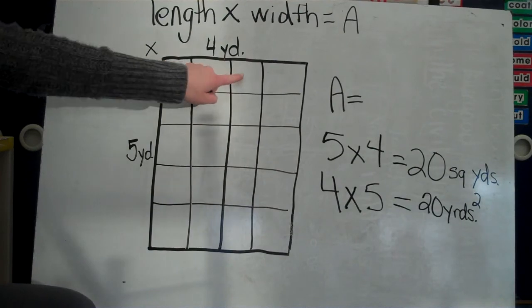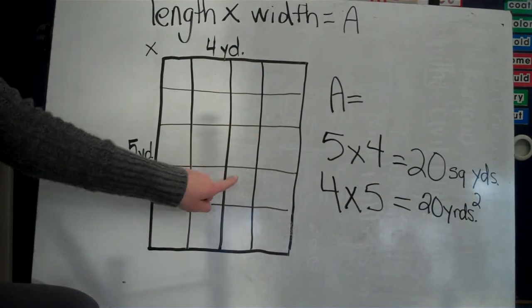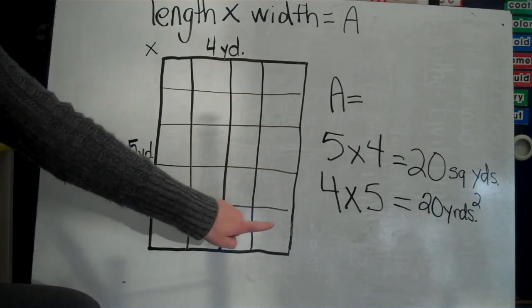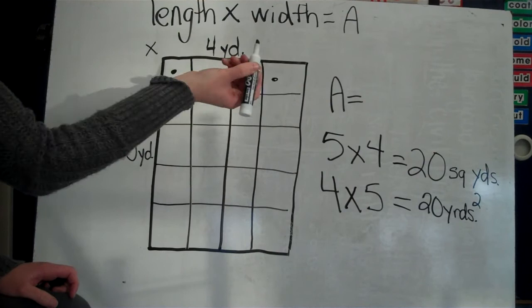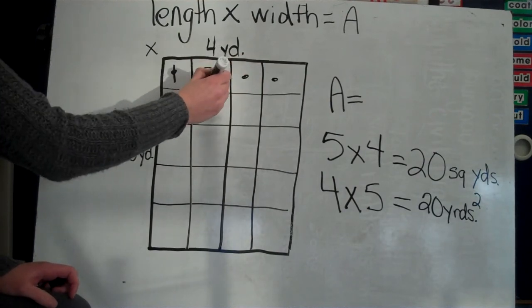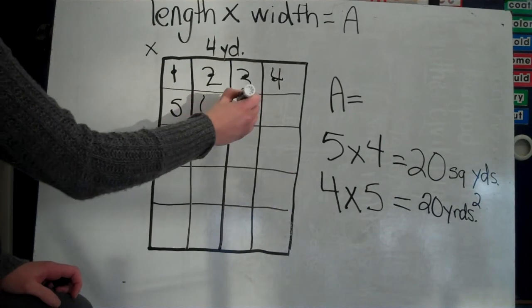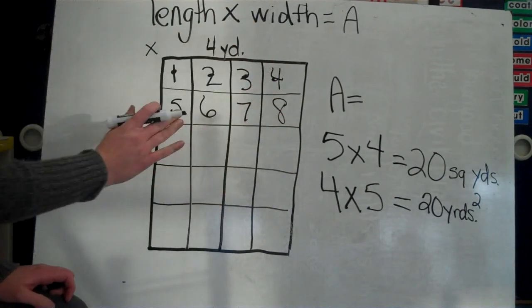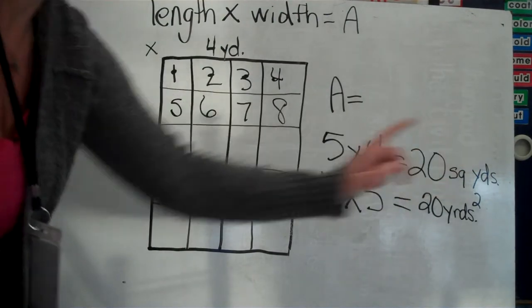And I get 1, 2, 3, 4, 5, 6, 7, 8, 9, 10, 11, 12, 13, 14, 15, 16, 17, 18, 19, 20. Again, you probably want to mark it with your dots, or you could do 1, 2, 3, 4, 5, 6, 7, 8, and so on until you get 20 square yards.